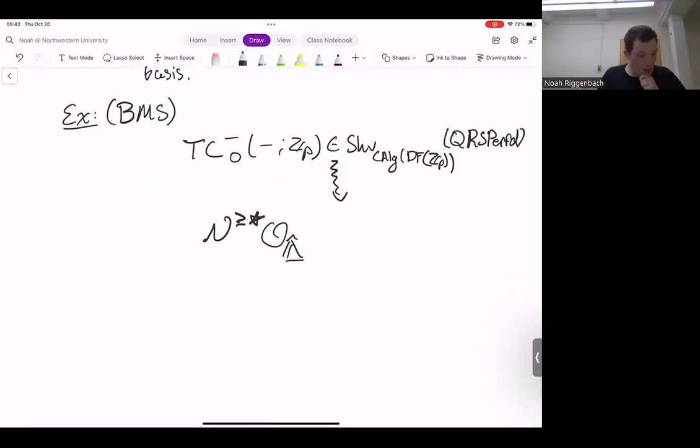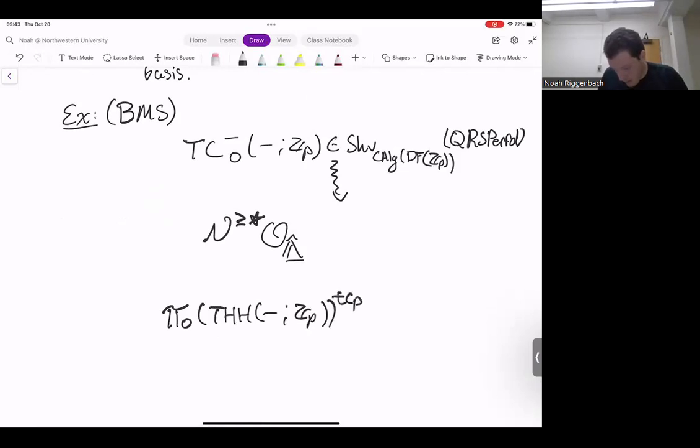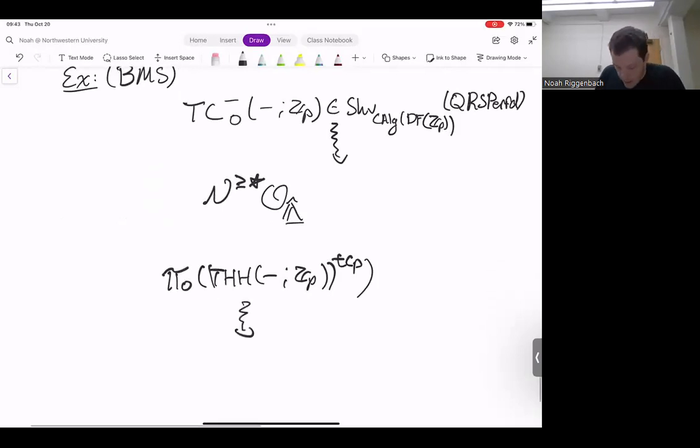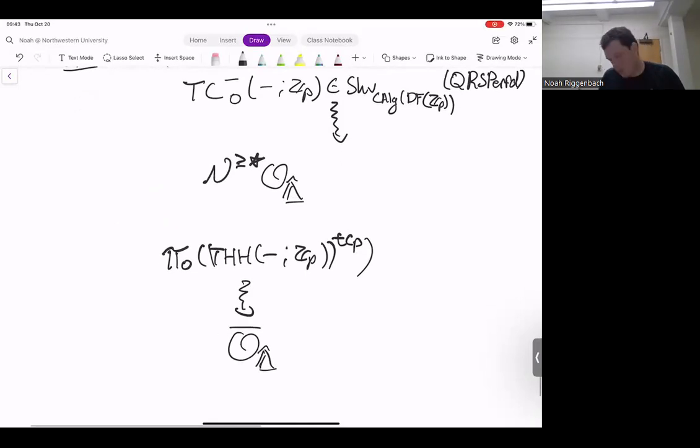Another example of a sheaf is you can look at pi 0 of THH, C_p, Tate C_p. This will be a sheaf on QRSP rings. And so we get out a sheaf, which is called O bar hat.